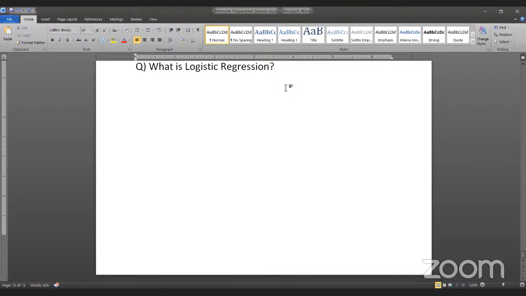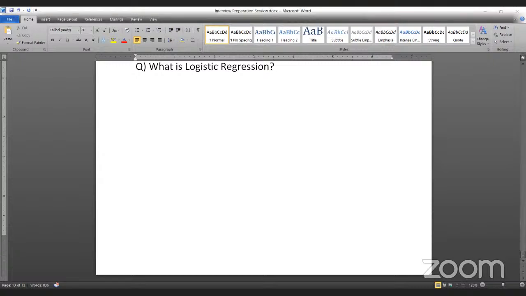So what is this logistic regression? I think this will be our last question.